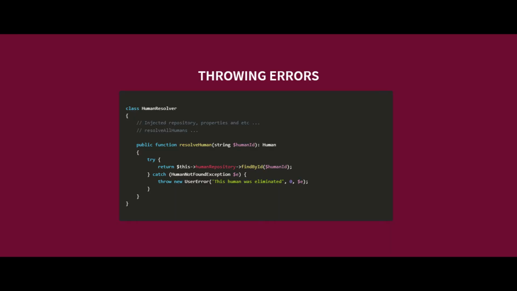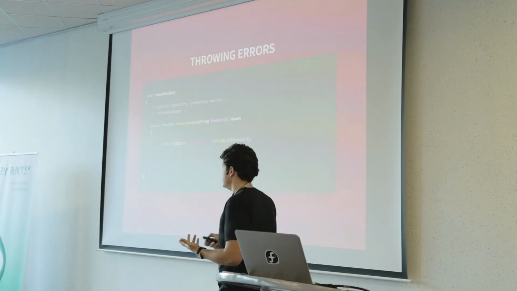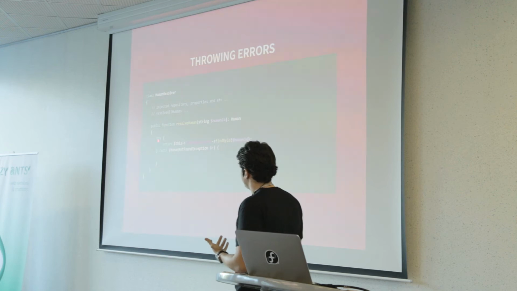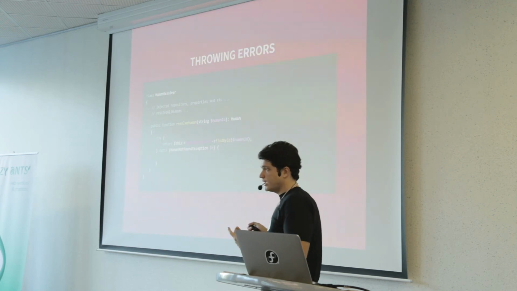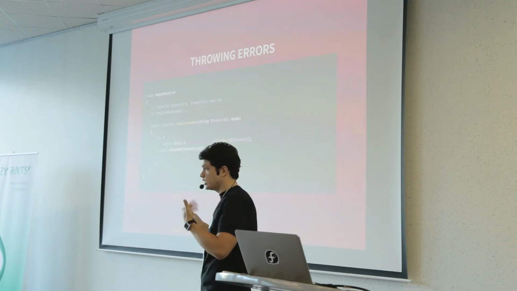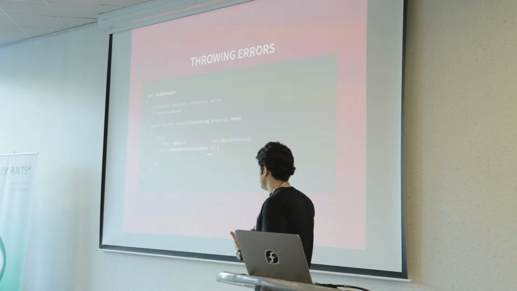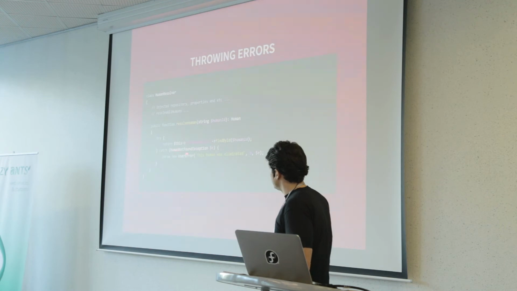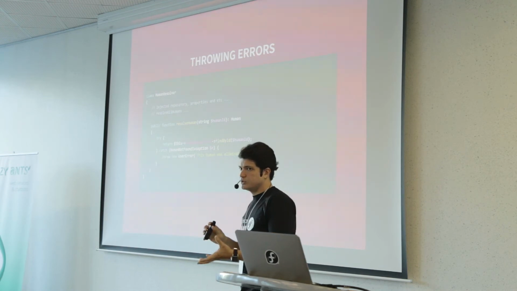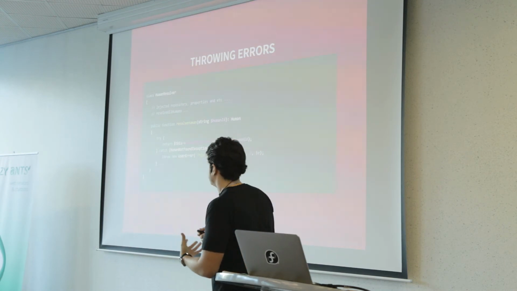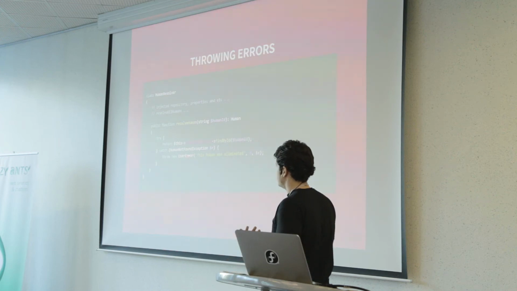So let's say something happens when we are actually returning a single human. The user sent us a wrong ID or something like that. So we can just surround it in a try catch, because a database connection or an array connection was not found there. And then we say, okay, human not found exception. We just have to translate that to a Symfony exception for the bundle exception, which is called user error.